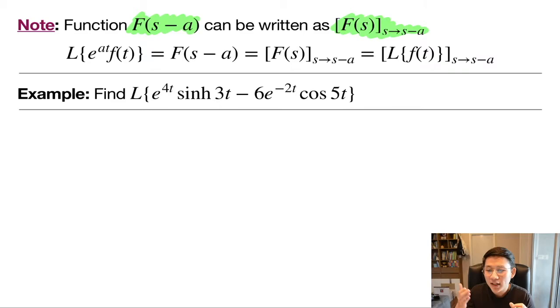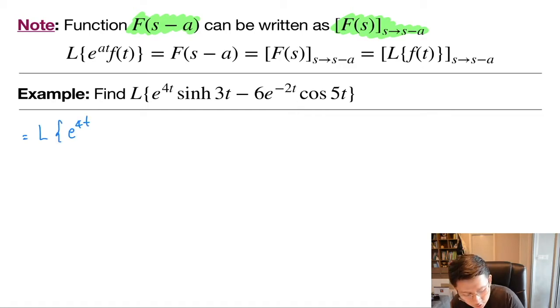Okay, so let's try to find the Laplace transform of e to the 4t sine 3t minus 6 e to the minus 2t cos 5t. First you can write it as the Laplace transform of e to the 4t sine 3t, minus 6 times the Laplace transform of e to the minus 2t cos 5t.